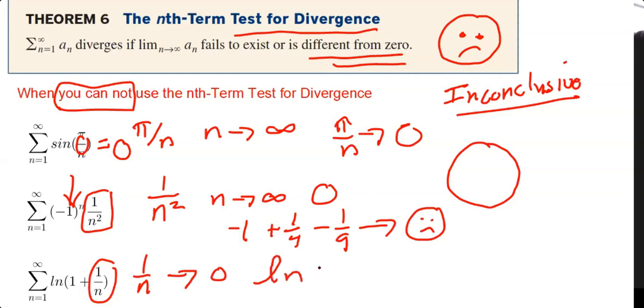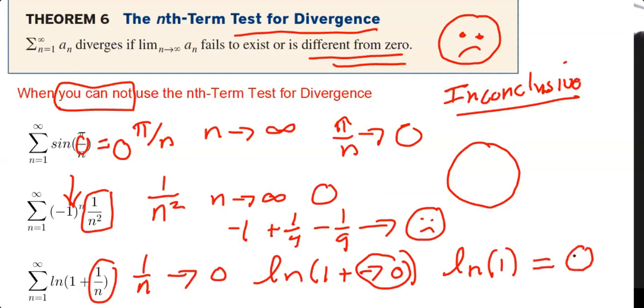Therefore, we have natural log of 1 plus something that's approaching what? 0. So if that piece is approaching 0, then the whole function is approaching natural log of 1. Nathan, what's the natural log of 1? 0. Good.